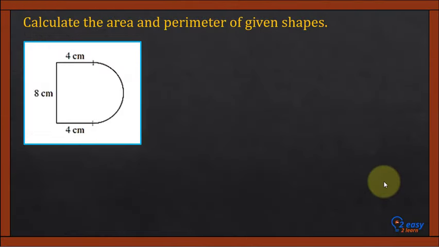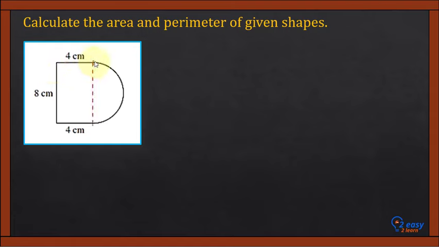Question number 1. Calculate the area and perimeter of the given shape. This shape is called a composite shape because it is based on two shapes.